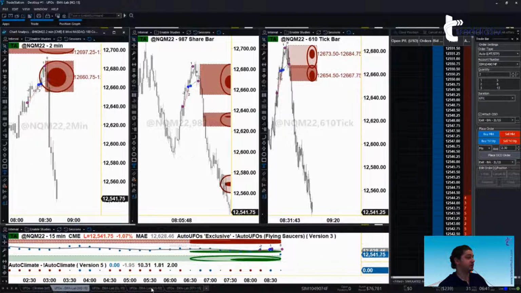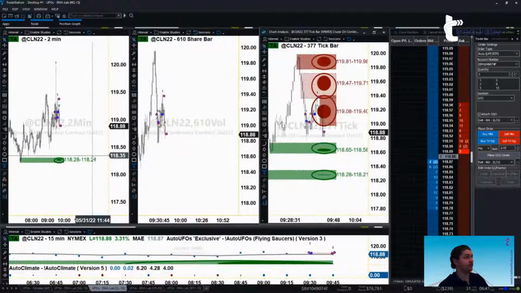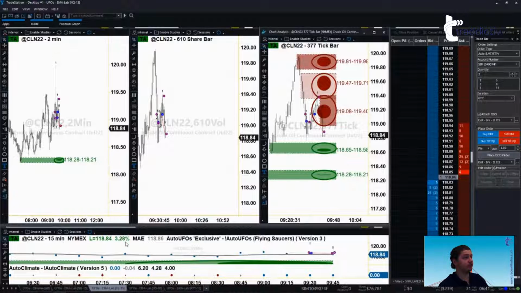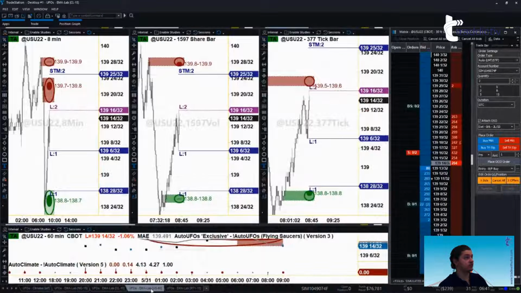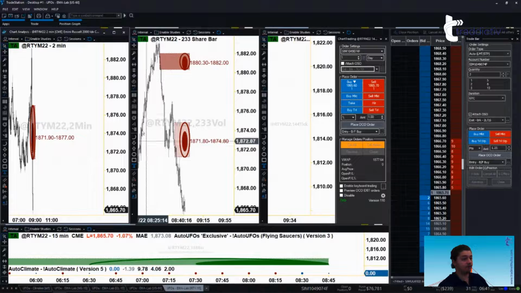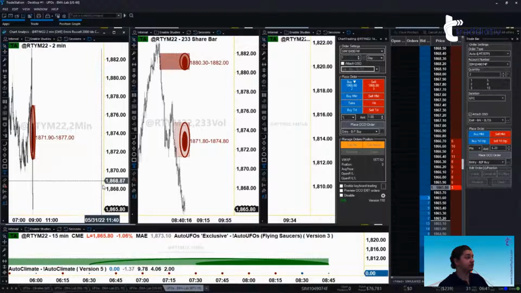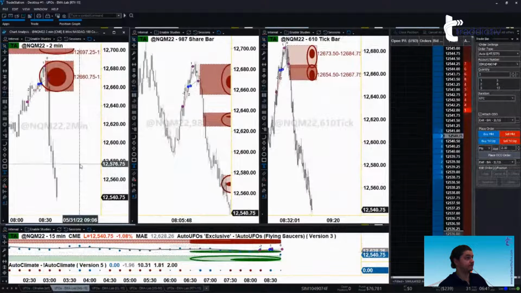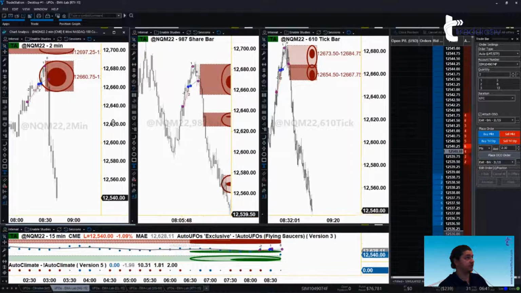So 10 to 12 minutes. Looks like crude oil stopped out. Yep, crude oil stopped out. Finally, grass was drying faster. So we should have an update to the climates in about 4 minutes here. But this is quite the sell-off that we're seeing here.